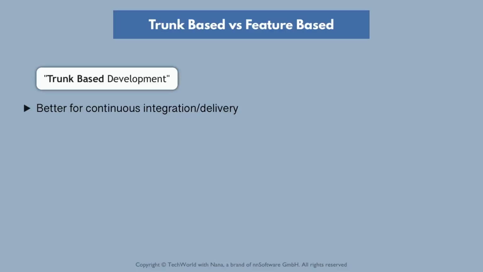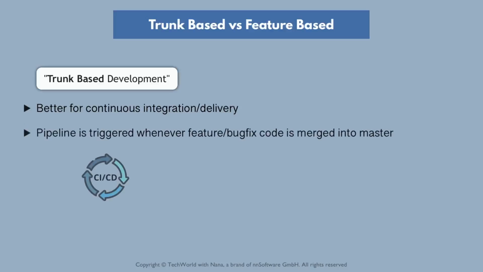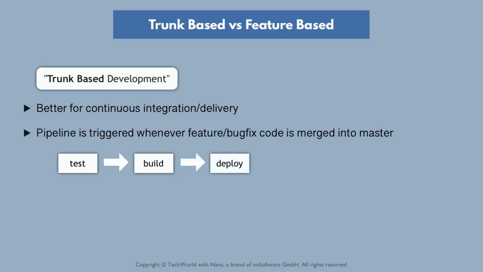Because the way it works is that every change that you make to the code, meaning every time a new feature gets completed and merged into the master branch, or every time a bug fix gets completed and merged into the master branch, that will trigger a pipeline that will test the code and build the application and deploy it at least to the staging server, right?